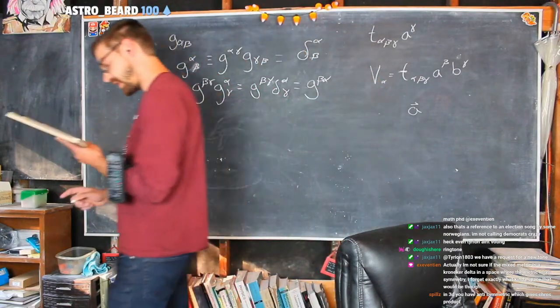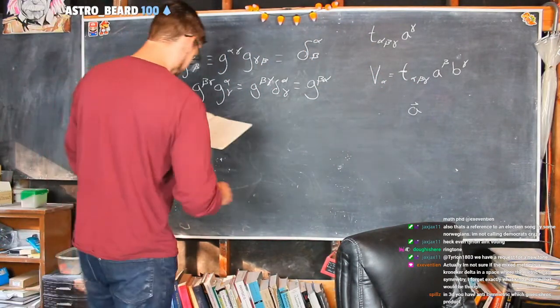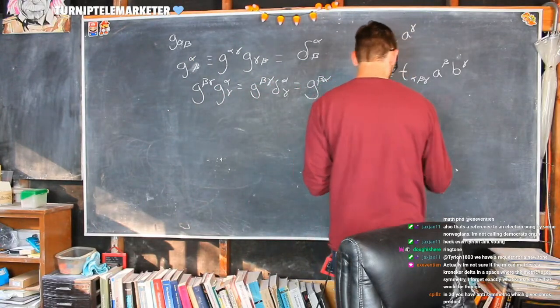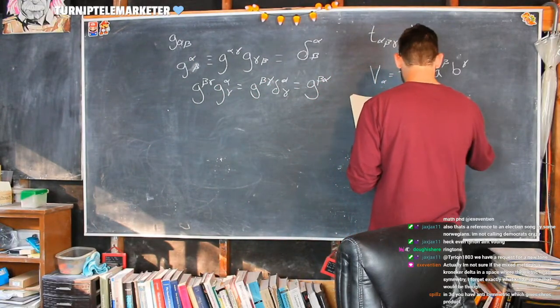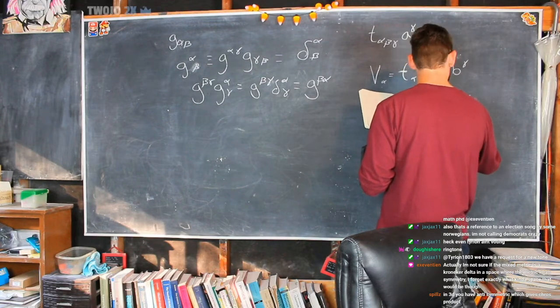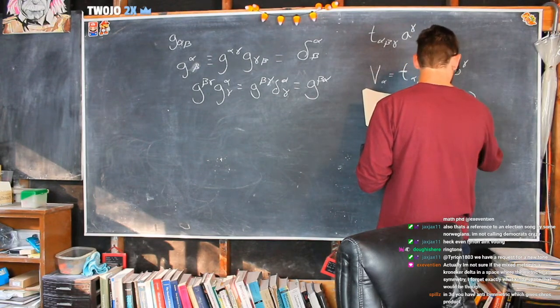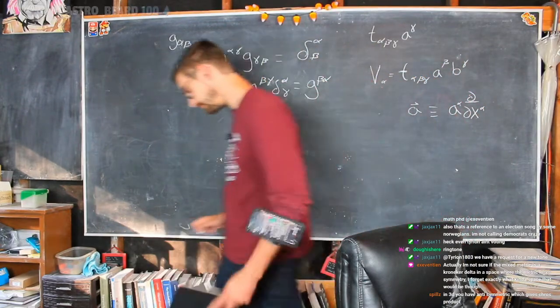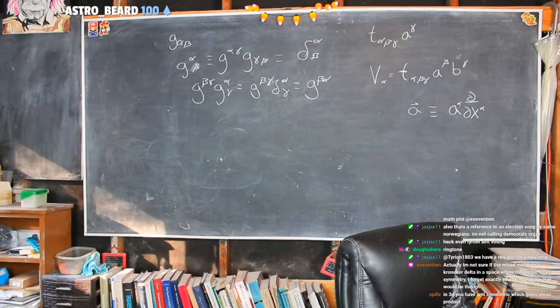He says another way to write down a vector is as a directional derivative, such that for any vector A in the tangent space, A can be defined as the component of A times the derivative with respect to the spatial component. Okay? Therefore, you can basically write a vector, and this would be similar to the gradient, I think, right? This would be similar to the gradient.